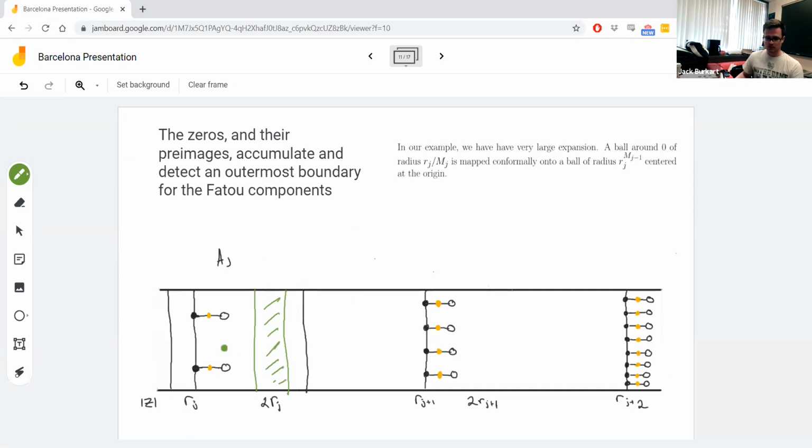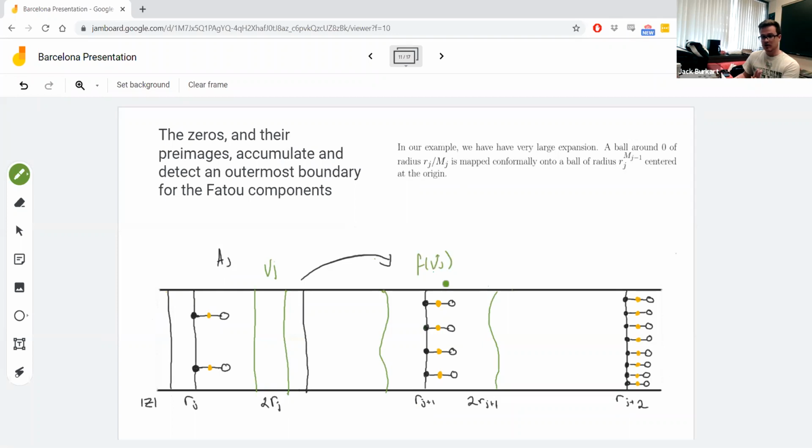That's Vj in green right there. We know that when we apply F to Vj, it's going to cover the next annulus Aj plus 1, and it's going to do so like a nice covering map. So this is F of Vj plus 1 right here.